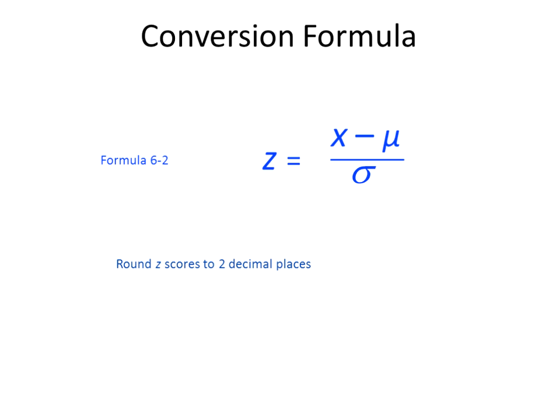So it's very important for us to know that the mean is 0 and the standard deviation is 1 before we use those tables. If your mean and your standard deviation are something other than 0 and 1, then you can't use those tables. You have to use this conversion formula first.